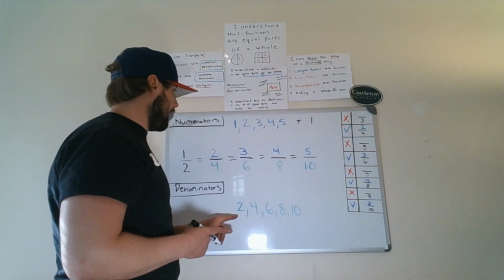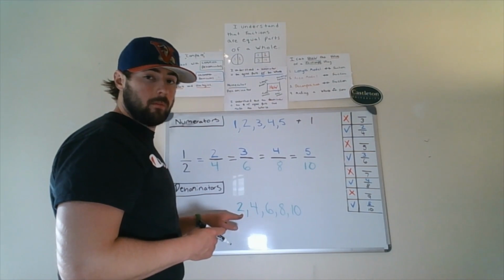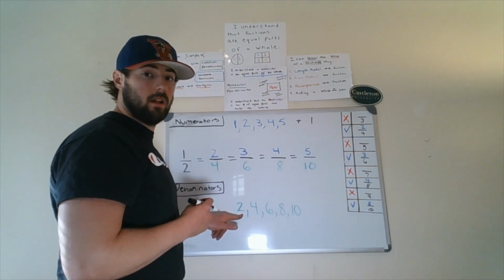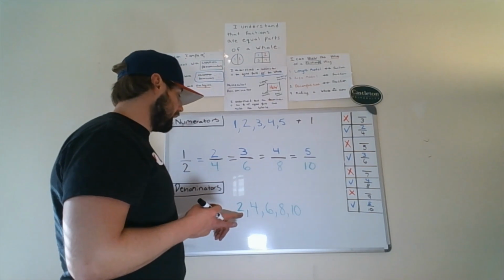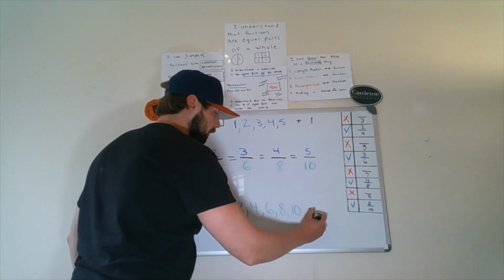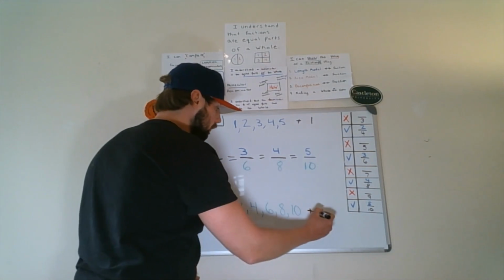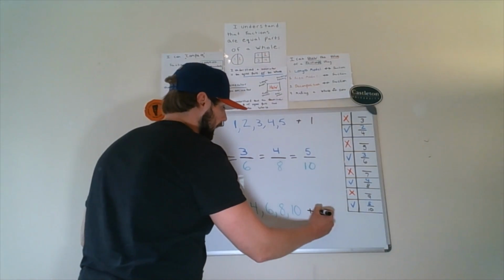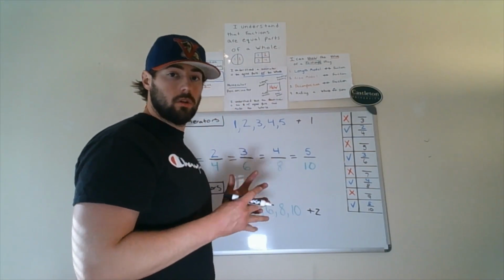Let's take a look at our denominators, the parts of the whole. We knew we were talking about the same whole. Taking a look, it seems as though these numbers are also going up by a number. They're going up by 2.